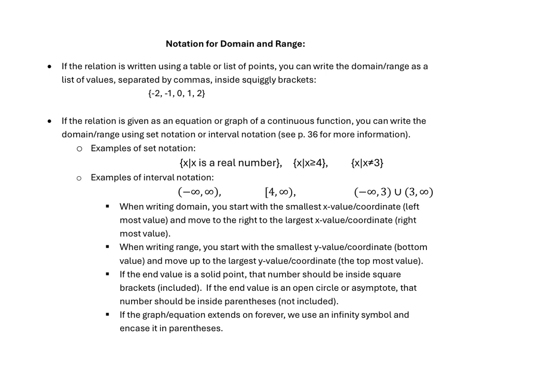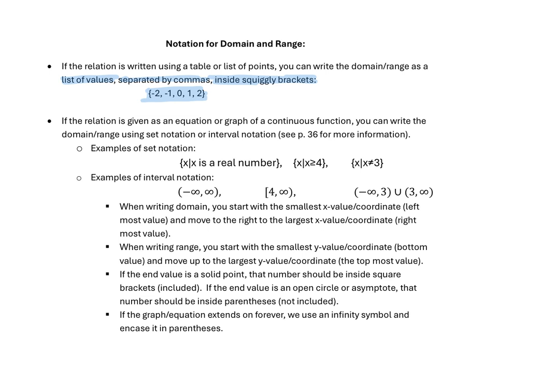If the relation is written using a table or a list of points, then we can write the domain or range as a list of values separated by commas inside squiggly brackets. So for instance, if we have values of -2, -1, 0, 1, and 2, then we just write those numbers inside squiggly brackets, separate them with commas.